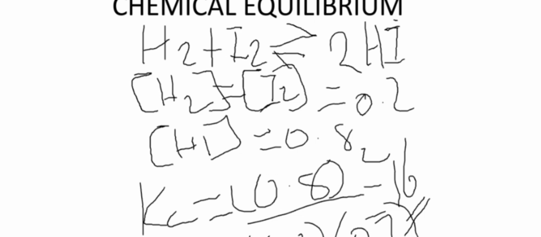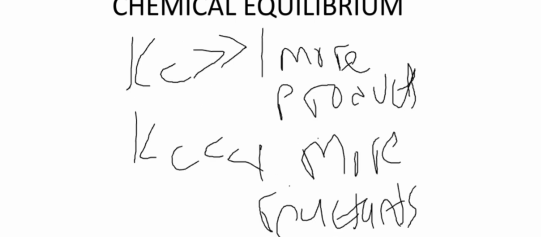For example, the equilibrium constant is 100, or the same 16 we have found. It means there are more products. So that's what the equilibrium constant tells us. So small Kc means reactants are much more than products. And for this one, reaction hardly proceeds.